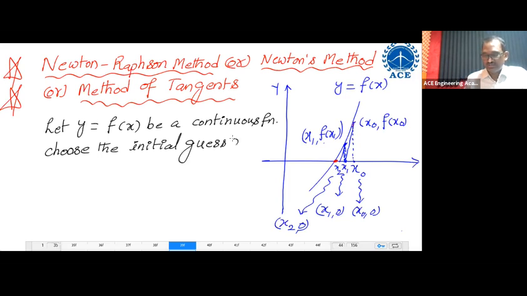Choose the initial guess x0 nearer to the root. Nearer to the root means nearer to the curve crossing the x-axis.